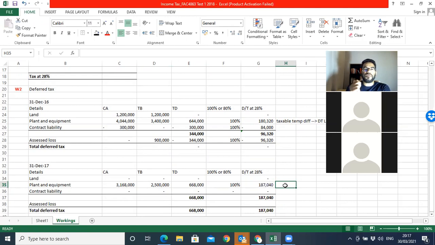Also take note, deferred tax represents temporary differences, which represent timing differences. So keep this in mind. Deferred tax is a future tax consequence, and it represents temporary differences due to timing differences. The difference is temporary due to timing, okay?